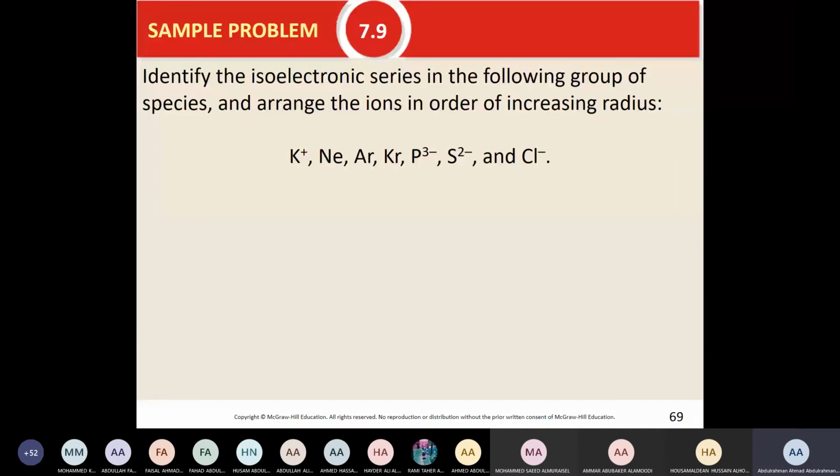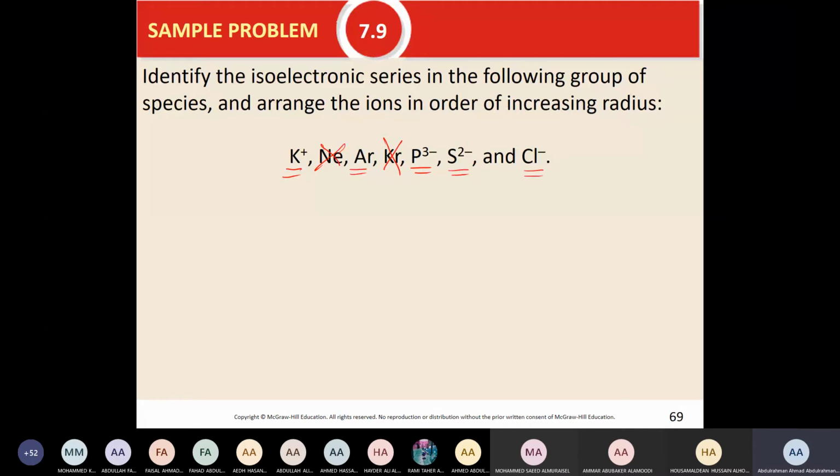Okay, good. Last thing, let's forget about neon. Let's talk about this element. Look at your periodic table, and forget about krypton. At this time I want to talk about only K plus, argon, P3 minus, S2 minus, Cl minus.